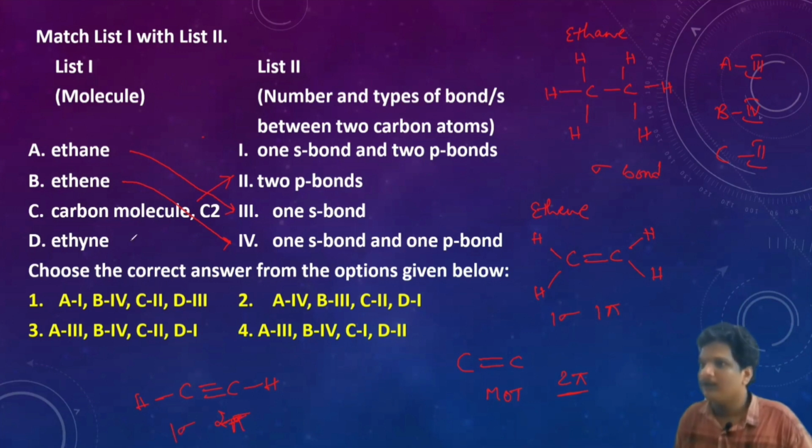So D is 1. So A3, B4, C2, D1. Option 3 is the correct option.